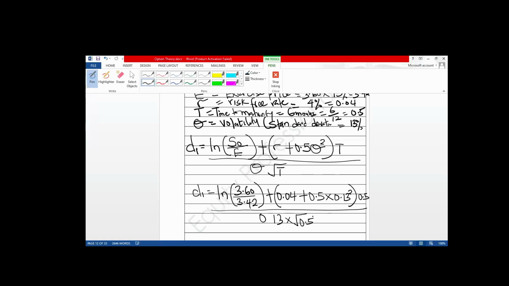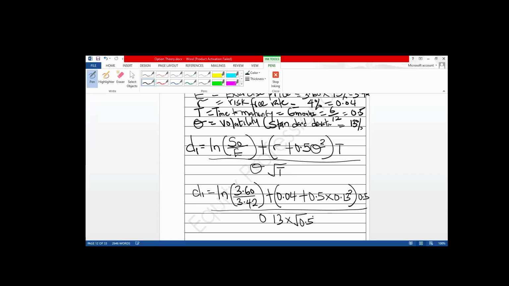Yes, sir. On your calculator, press ln. For some calculators, the ln will come with brackets.